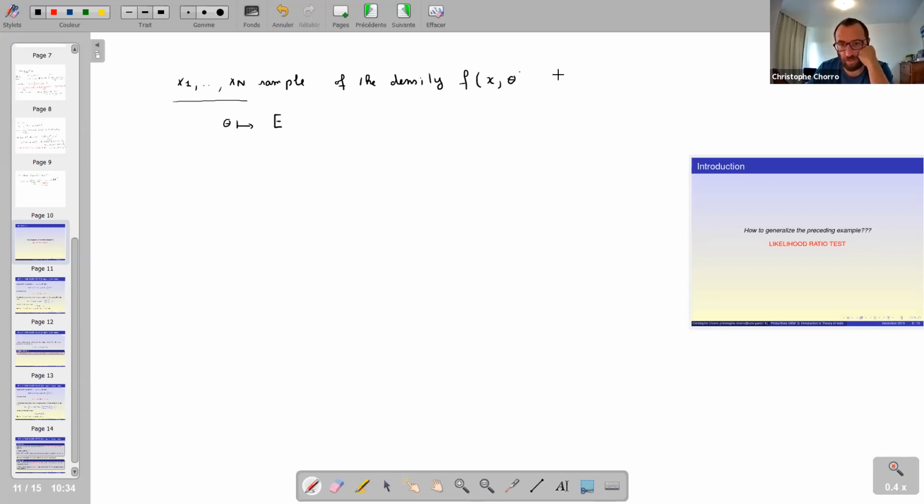I write it as a density, but keep in mind that in the discrete case, it's the probability mass function.